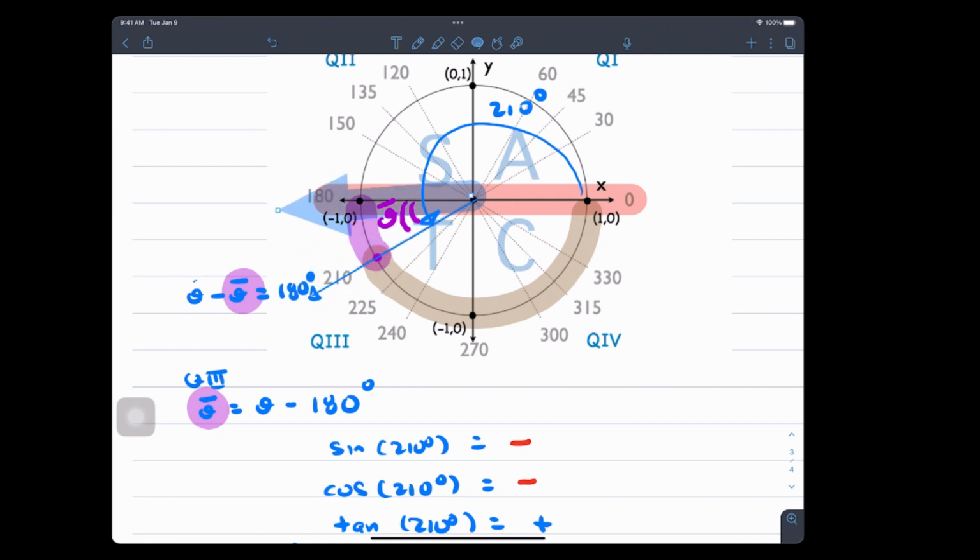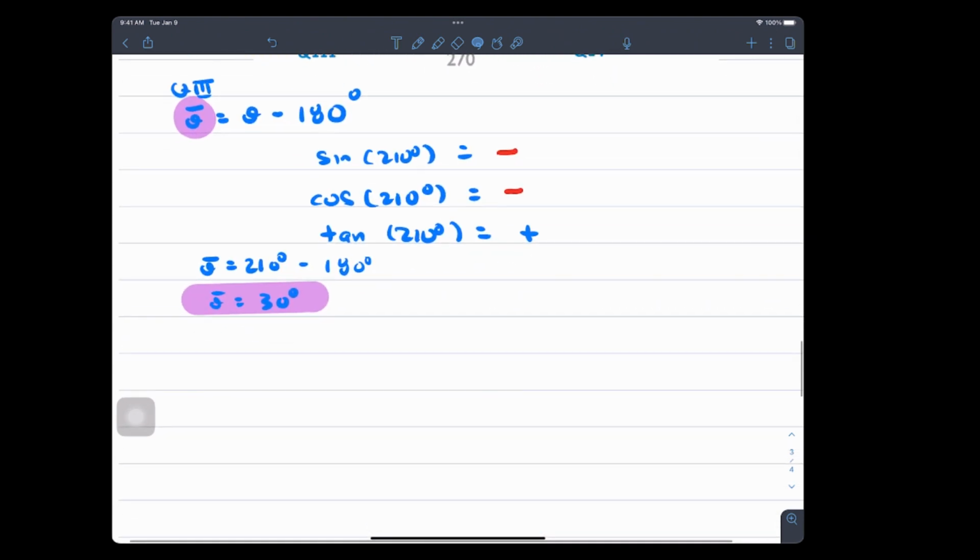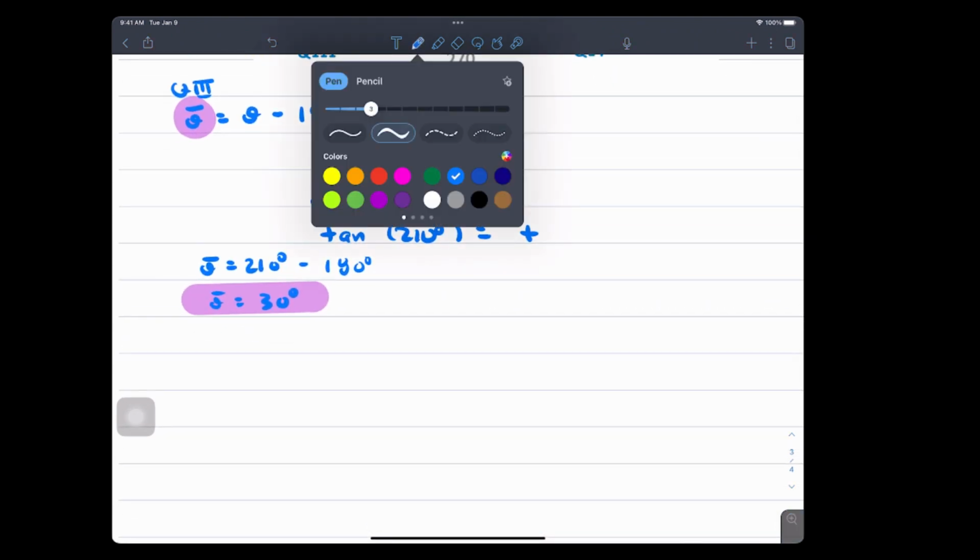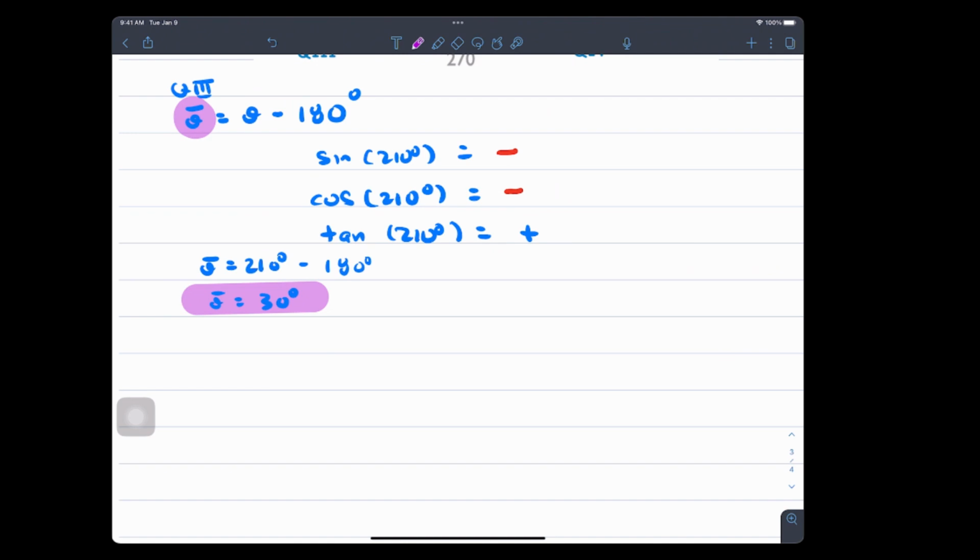The reference angle, ladies and gentlemen, 180 plus 30, that reference angle is 30 degrees. So all you need to do now is this. You have to answer sine of the reference angle 30, cosine of 30 degrees, tangent of 30.